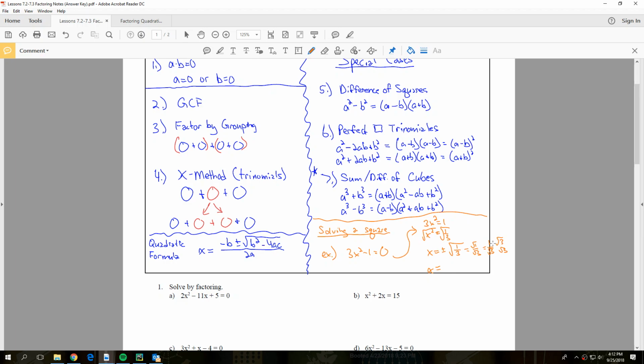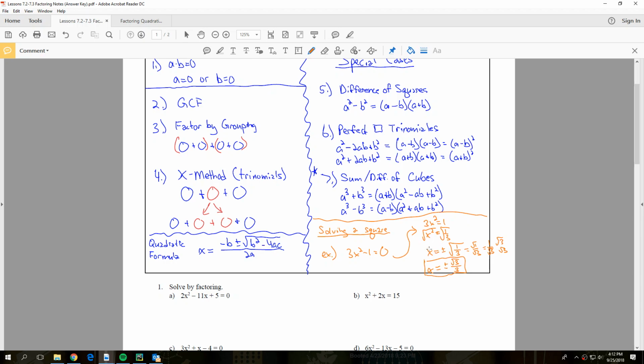What I get on top is 1 times the square root of 3. Don't forget your plus or minus. So that's just the square root of 3. And then the square root of 3 times the square root of 3, whenever you multiply the square root of something by itself, you just get 3. Because the square root of 3 times the square root of 3 is the square root of 9, and the square root of 9 is 3. That's why you get that. So in this case, here's our example.